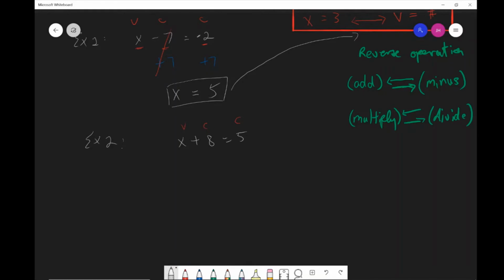So I will have to perform the reverse operation on my constant of plus 8. The reverse of that will be minus 8, negative 8. Plus 8 minus 8, cross them out. What's left on the left side is x. On the right side, I have 5 minus 8, which is negative 3.